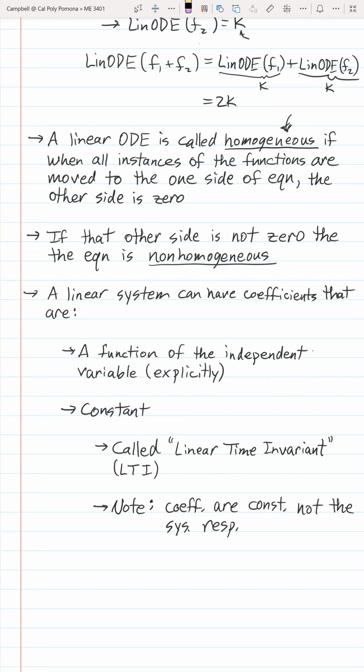So with that, hopefully you can start to see the different classifications that are associated with differential equations. And even more importantly, hopefully you now have a better understanding of why we're interested in classifying them. It's not just for the sake of sounding really smart by saying, oh, hey, that's a linear time invariant homogeneous differential equation, right?